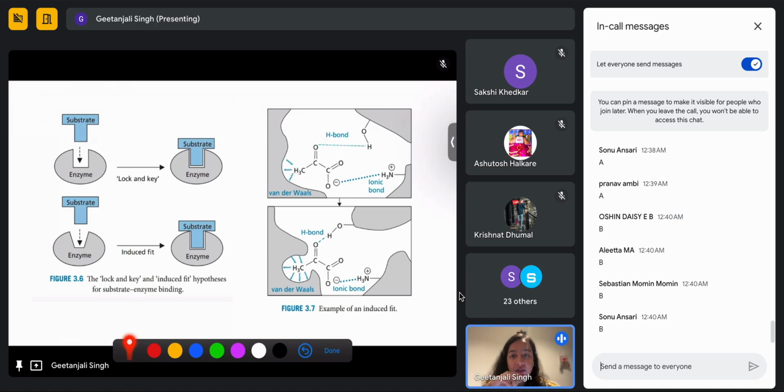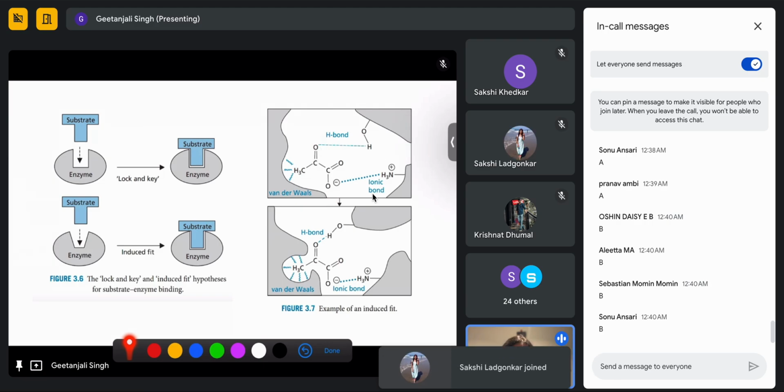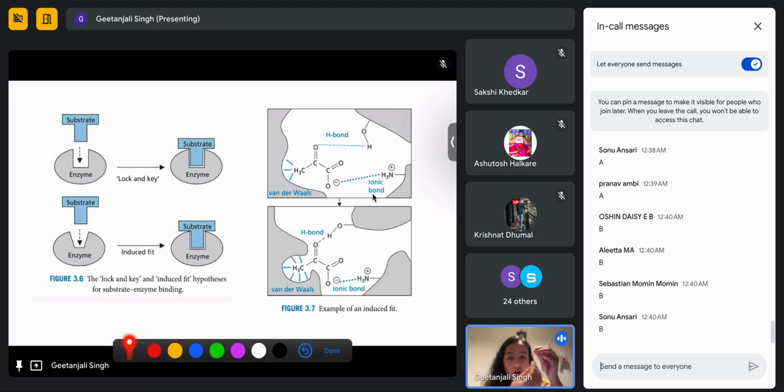Now there's an example of induced fit here. You can see in the above option, the distance for hydrogen bond is quite big. Yes, van der Waals force, ionic bond, everything is there. Suppose this is a substrate and this is present in the active site. What it does is it tries to change and accommodate in such a way that it's easier for them to form a hydrogen bond, right? See, distance is an important factor in the formation of a hydrogen bond.